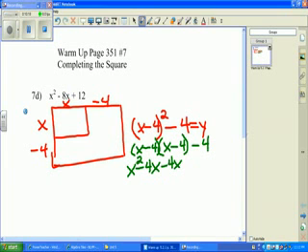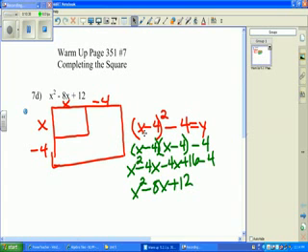Minus 4x takes care of the inside. Plus 16 minus 4. Okay, collect like terms, and what do you get? X squared minus 8x plus 12. Is that what I had to start with? Yes. You did it right, because it matched.